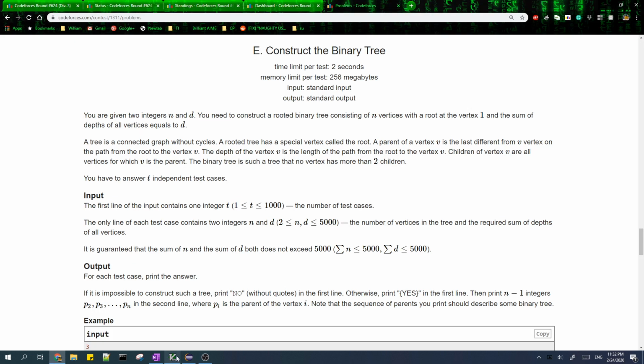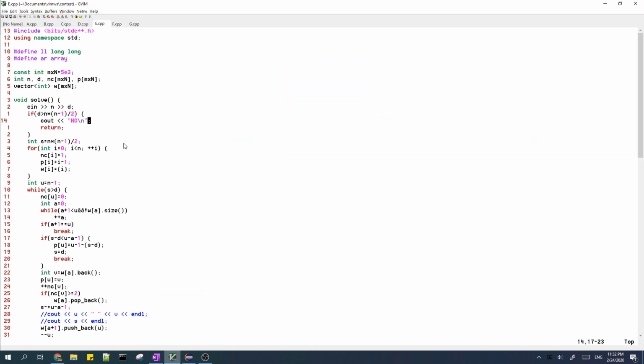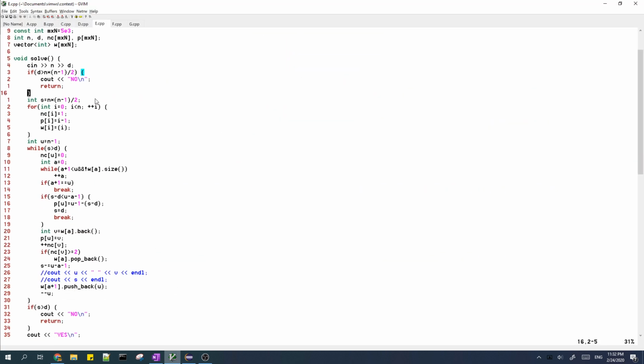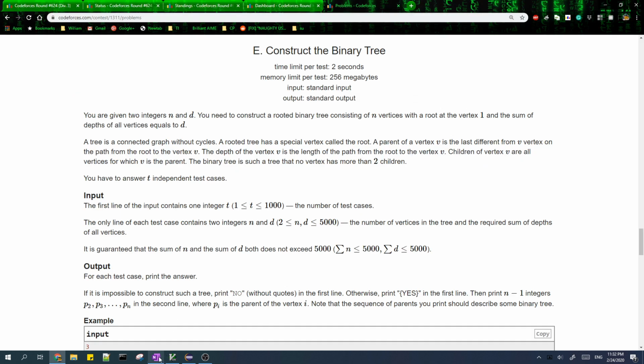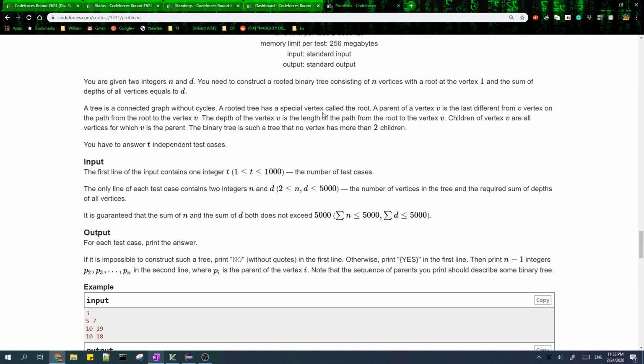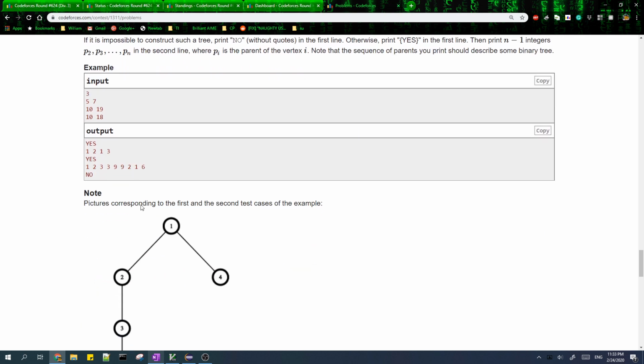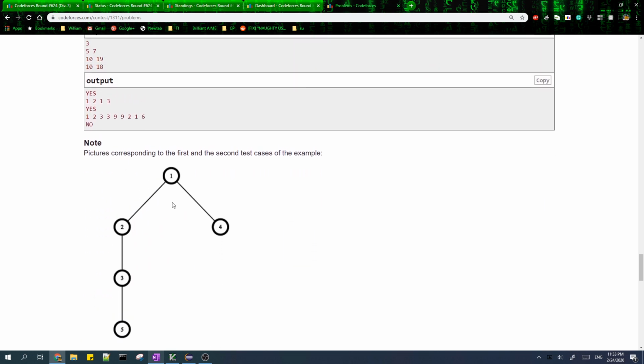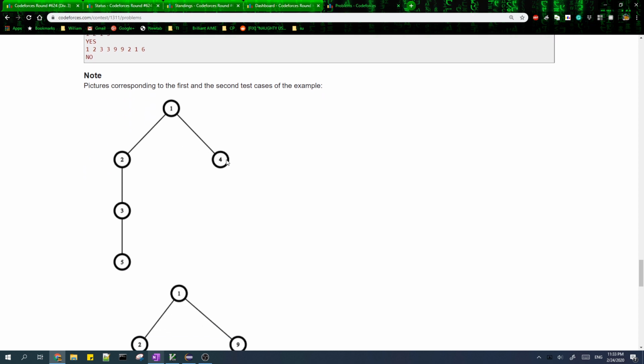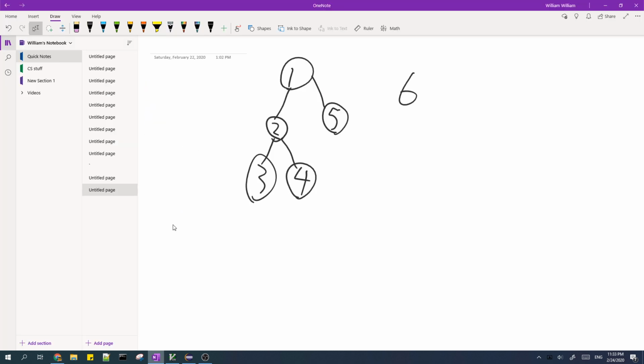So you basically just do that process. Let's say, I'll go back to my example. Let's consider the sample case.